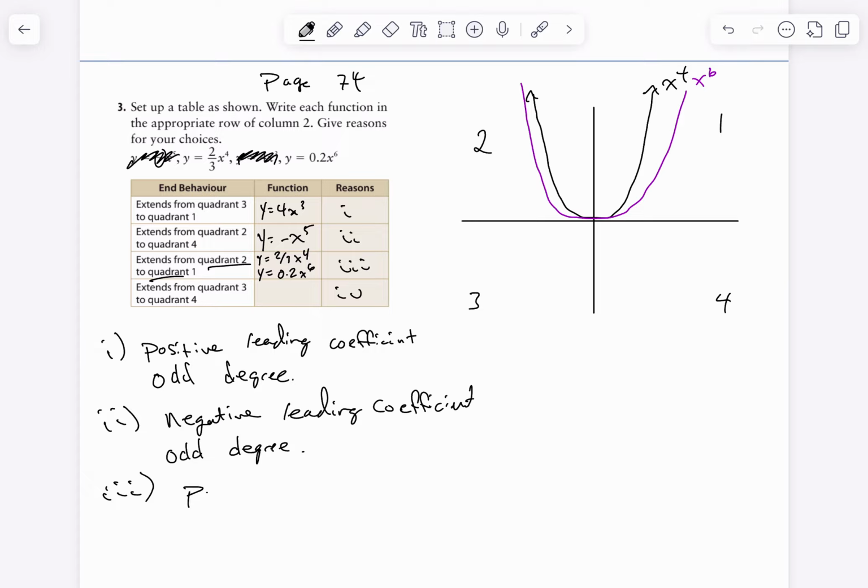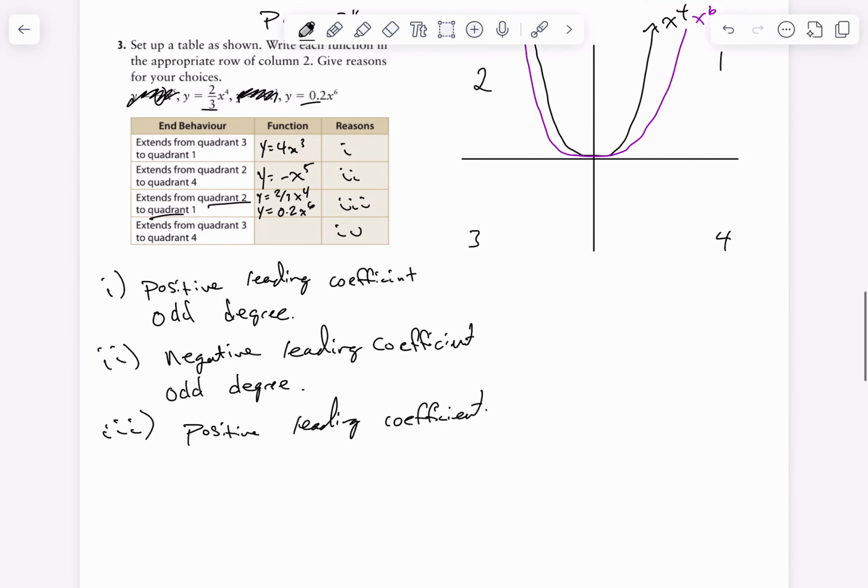Okay, so this is a positive leading coefficient, which both of them have. And then also their end behaviors match. And so we're going to say this is an even function. Okay, so both of those fit that criteria.